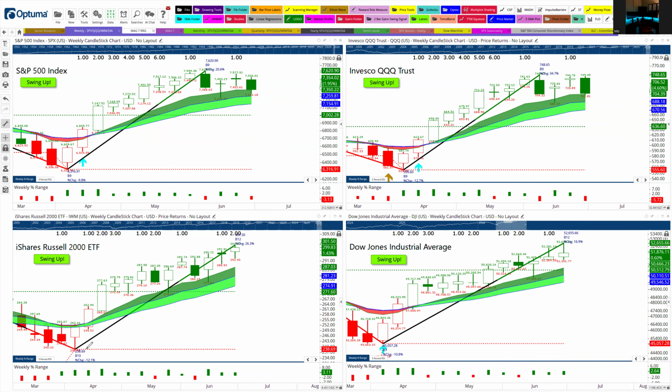Russell, 10 weeks, 12.1. Where are we at now? 12 weeks, 26.3. 12, not 10, 12. So what happened? Price has made a higher high for 2 more weeks.